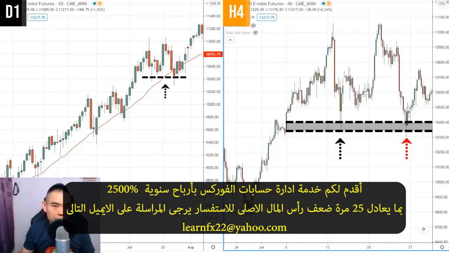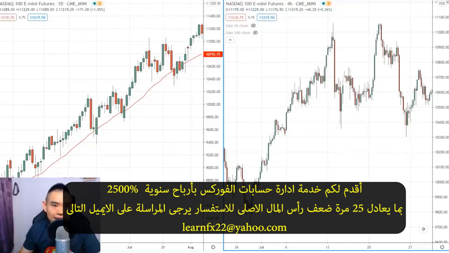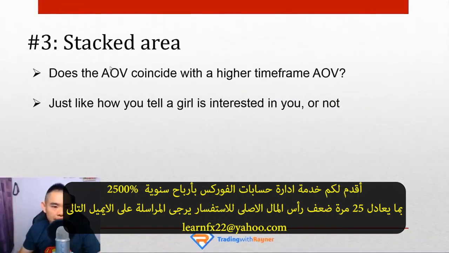Can you see where I'm coming from? This area of value on the 4-hour time frame coincides with the area of value on the daily time frame, which is an area of value using the 20 MA. This is what I mean by stack areas. This is what we are looking for, stack area. This puts the odds in your favor.